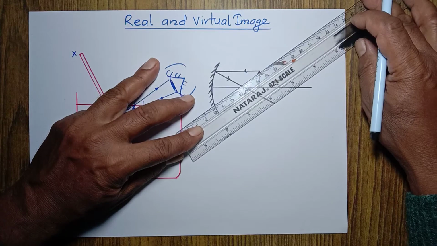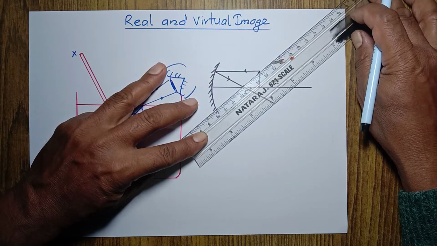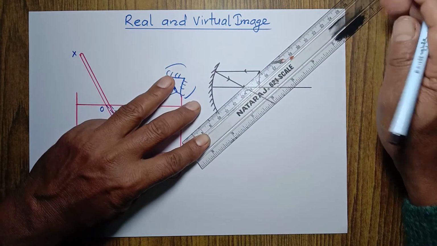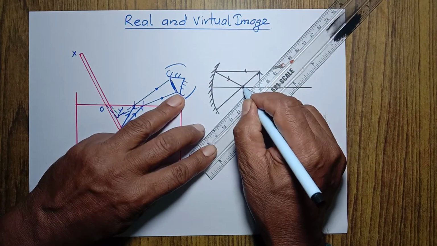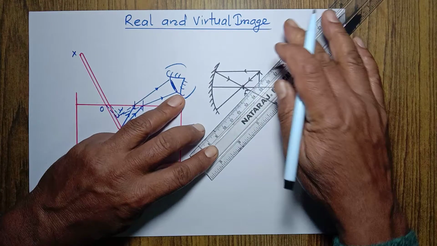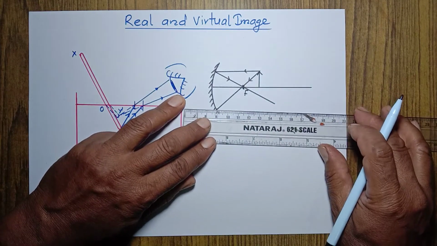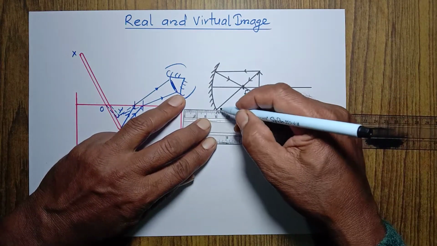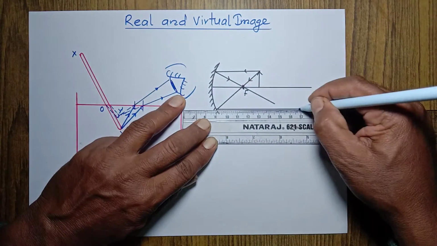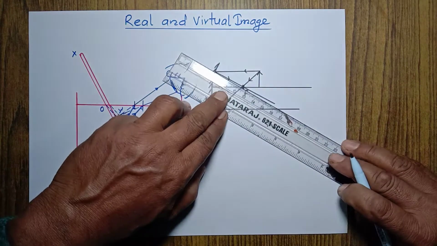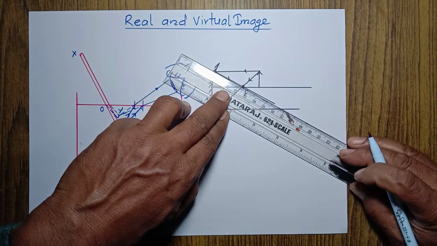And a ray of light which passes through the focus reflects back parallel to the principal axis, like this. And look at this, I want to make it long.